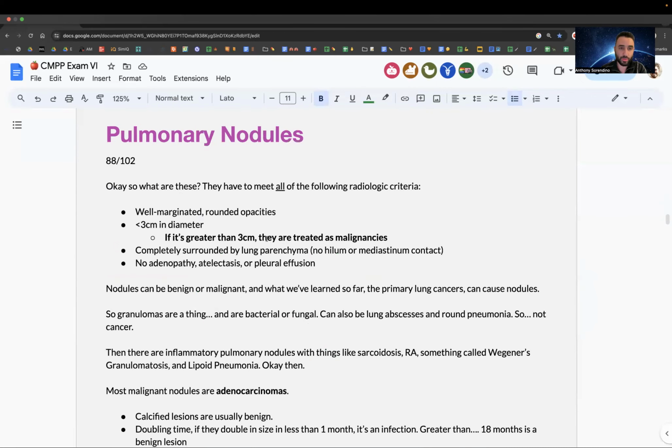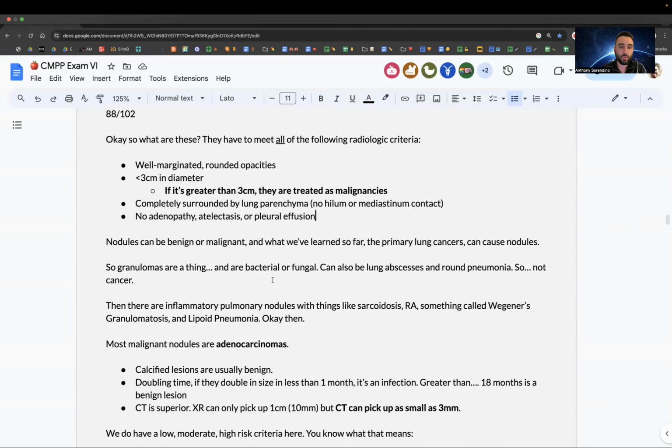Okay, the last thing, pulmonary nodules. They have to be less than 3 centimeters in diameter. If it's greater than 3, then we treat it as a malignancy, all right? It has to be well marginated, well rounded, and completely surrounded by lung parenchyma. So no hilum, no mediastinum. It's got to kind of be right in the middle, just surrounded by lung cells. We're not going to see anything else.